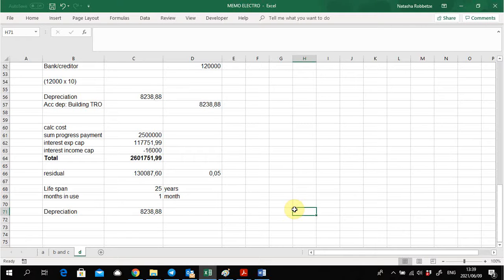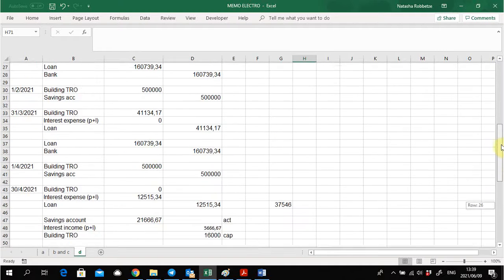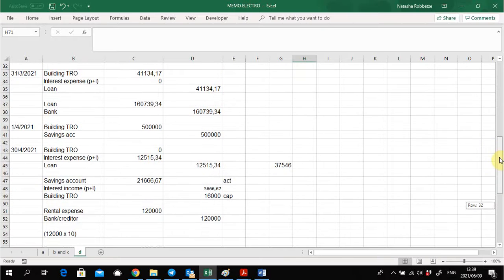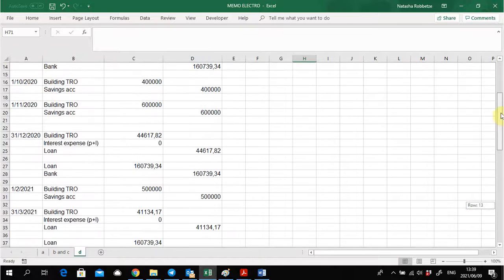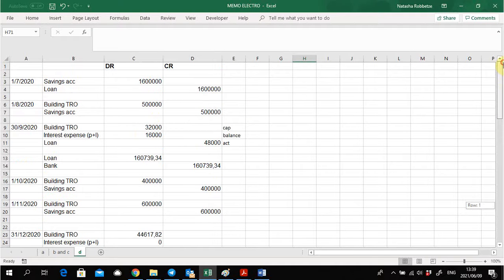Right, so this is all the possible journal entries that I can think of for us to do with regard to this question for Electro.